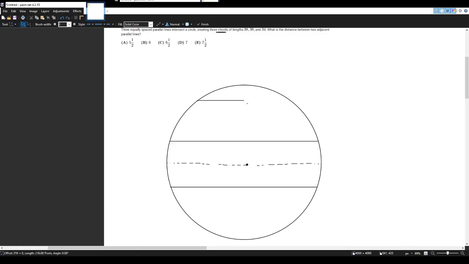Maybe a bit higher. Obviously this isn't very to scale, but we'll call that 38, we'll call this 38, and 34.